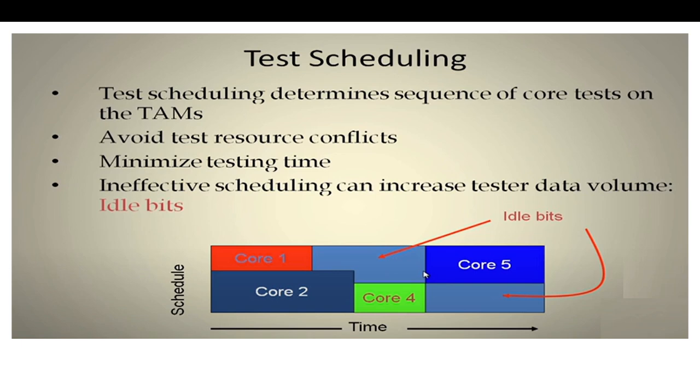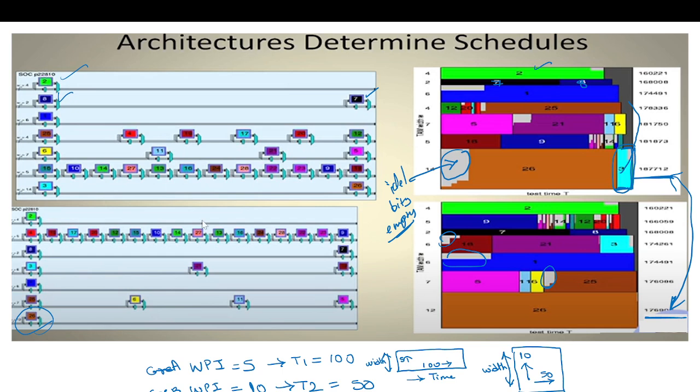Test scheduling determines the sequence of core tests on the time. Avoid test resource conflicts. Minimize testing time. Ineffective scheduling can increase the tester data volume by idle bits. You can see that somewhere here maybe it is not that efficient.